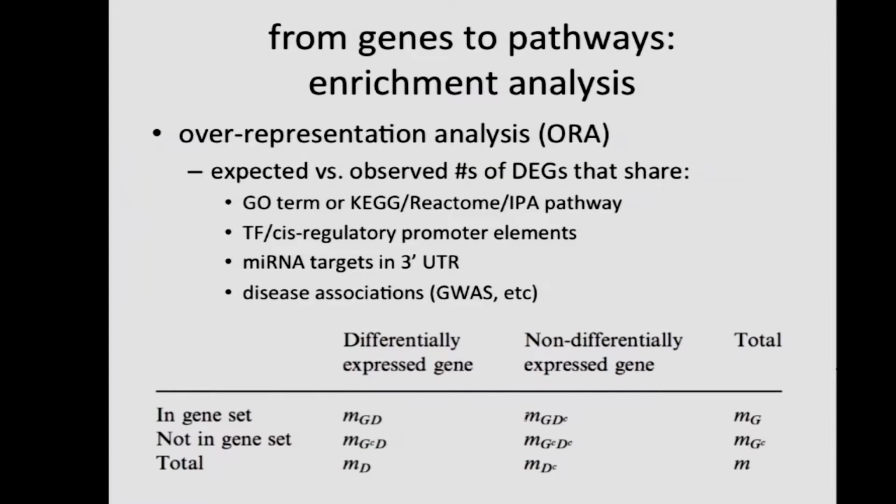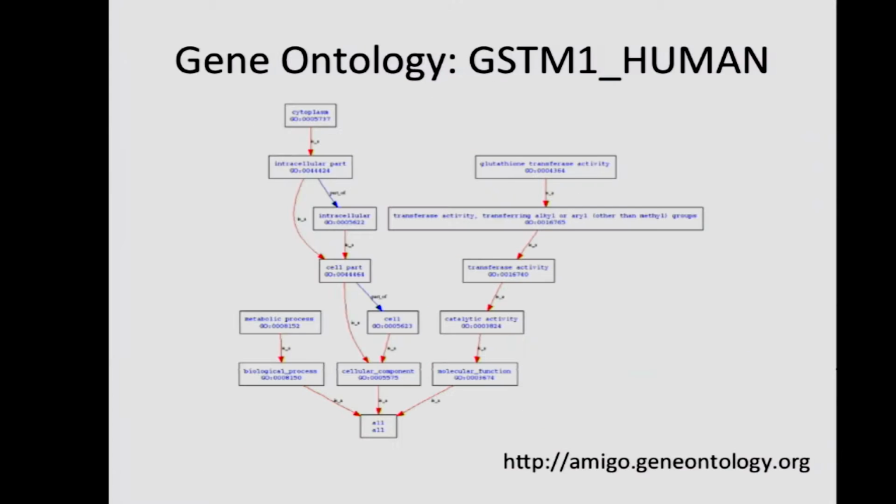So these four numbers here, and I apologize for the kind of geeky mathematical symbols here, but you have four numbers: you're in the set and you're differentially expressed. You're looking at how big does this number get relative to these other numbers. Okay, does that make sense? And from that, you can do a statistical test to test how these things look.